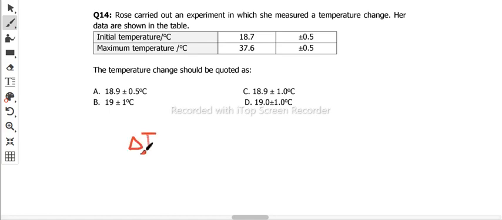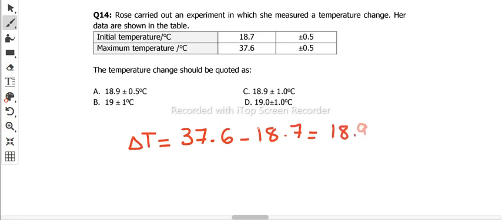So I want to calculate delta temperature. I'm going to subtract 37.6 minus 18.7, and your final answer is 18.9. I'm going to leave it as 18.9 since I have one decimal place here and one decimal place here, so my final answer should be one decimal place.